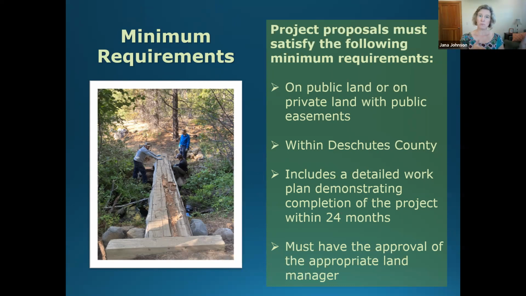So the ideal would be to have it completed within 24 months, but extensions may be applied for. So we'd like to have those conversations early on. If you already know that the project you're applying for would not be completed within 24 months because of X, Y, and Z, then we can talk through what that might look like.